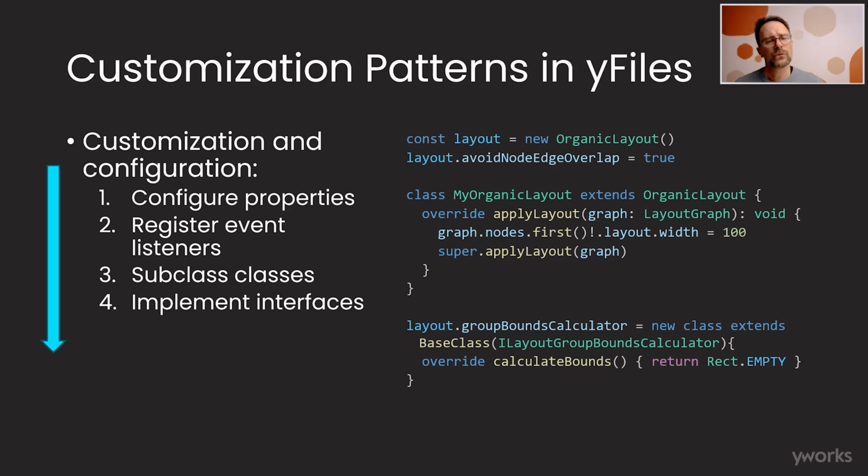Only then will you use the old school subclassing mechanisms. If that's not enough, if you really want to customize the behavior of an object to a very high degree, you can optionally subclass classes, and this works just like you would do in TypeScript. You just use the extends keyword and then override a method and change its behavior.